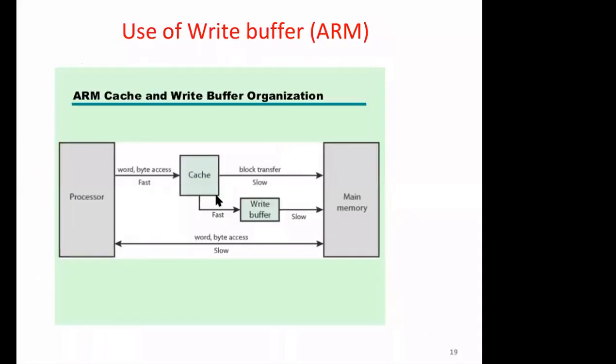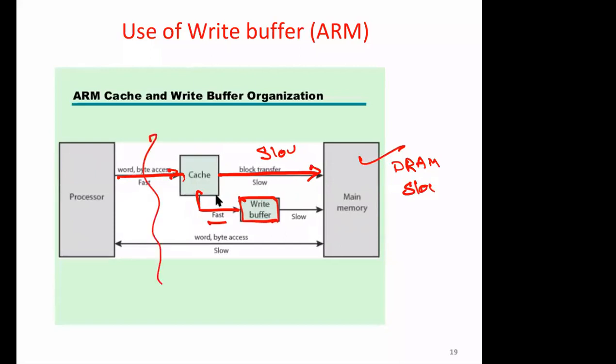So you're writing something. This is fast. But writing from cache to main memory is slow, because main memory is DRAM and is slow. So what we can do is write from cache to the write buffer, which is fast. Now the processor is sped up.